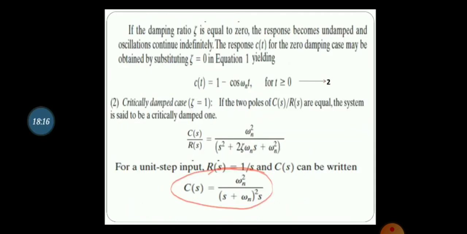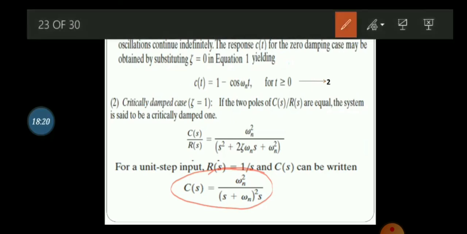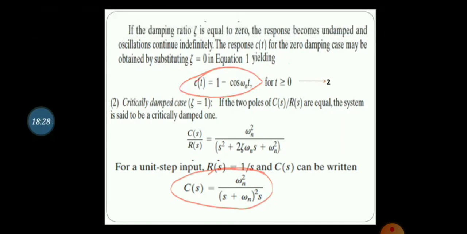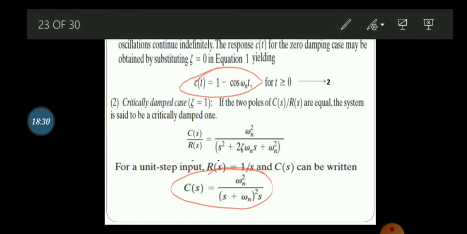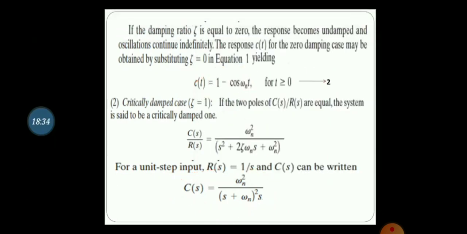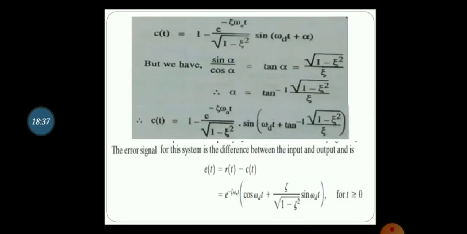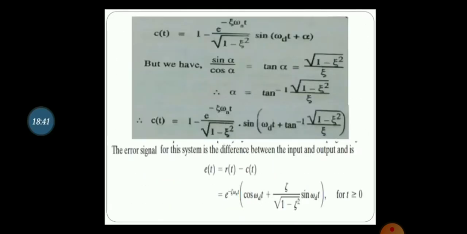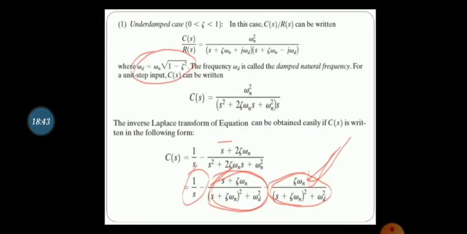The time response is c of t is equal to 1 minus cos omega n t. Sorry, this is the undamped case. Now let us look at the underdamped case.